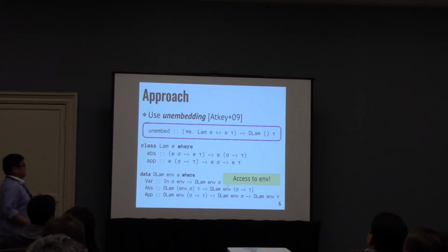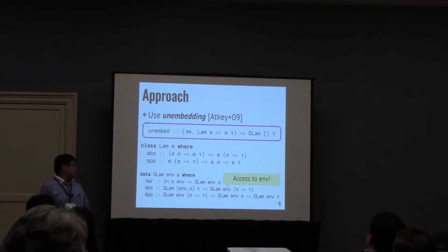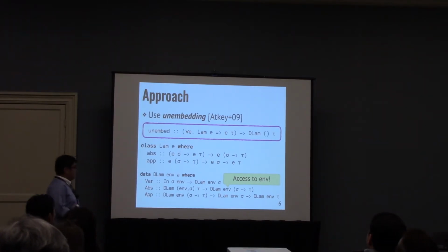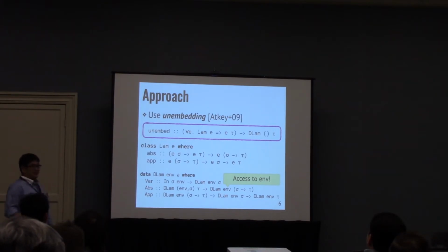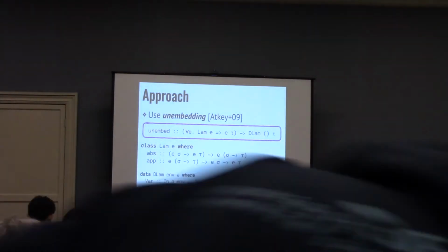Fortunately, we can use an existing method: unembedding. Unembedding is a transformation between the tagless-final representation and the de Bruijn index term. Here is a tagless-final representation of the simply typed lambda calculus, and this is the de Bruijn index term representation of the simply typed lambda calculus.